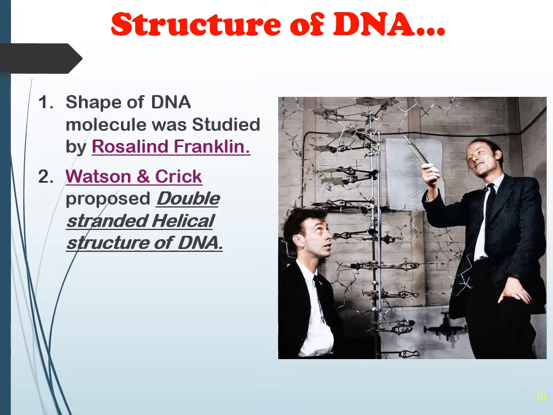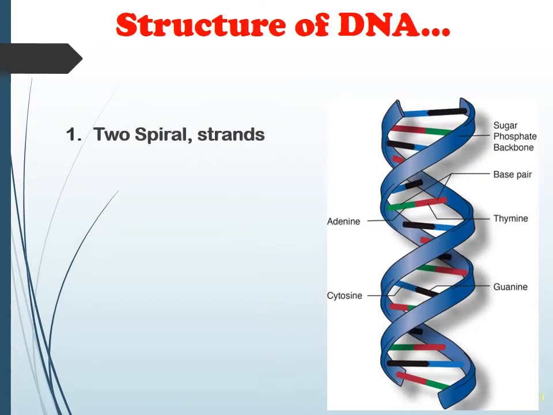Let's discuss this structure of DNA in detail. As per the Watson and Crick model, DNA is made up of two strands. In this diagram, I want you to follow this laser point. This blue color part is called the first strand of DNA, and this second blue color part is another strand of DNA.